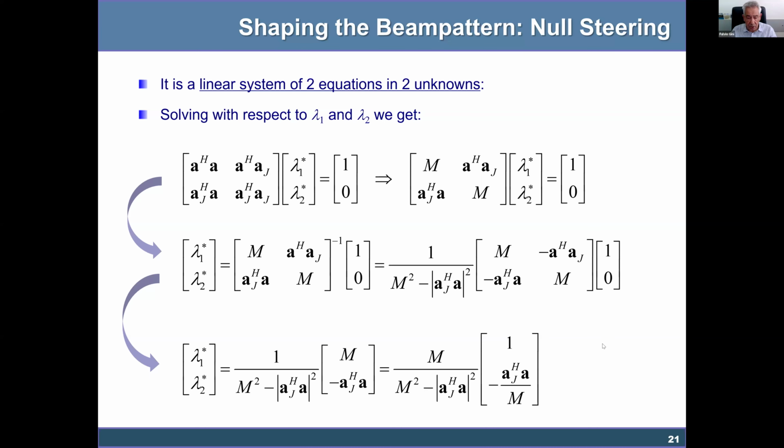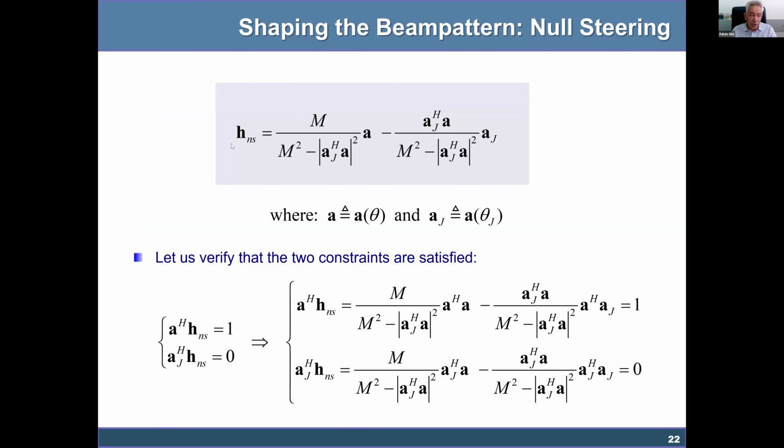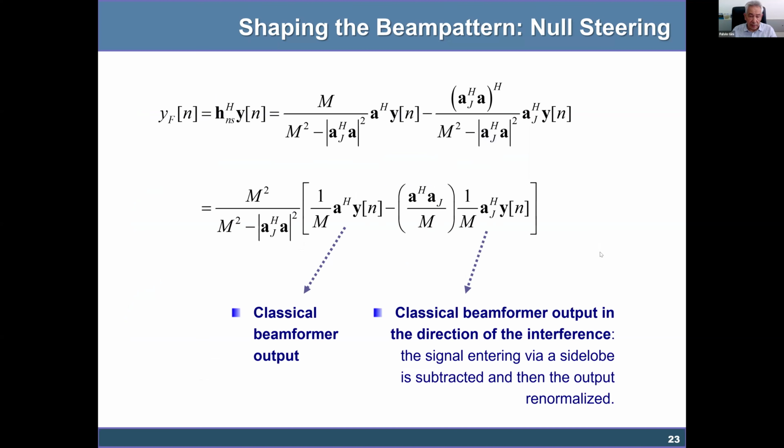And so you get the impulse response of the beamformer with null steering. So this is lambda 1 A plus lambda 2 AJ. And you can verify that the two constraints are satisfied. You replace this here and you find that the solution is correct.